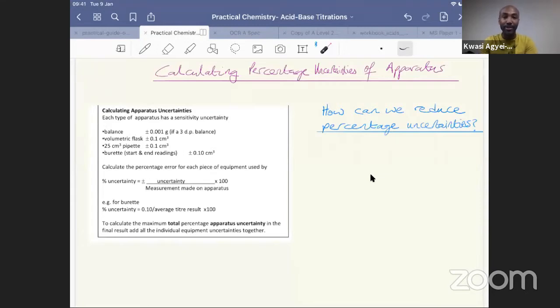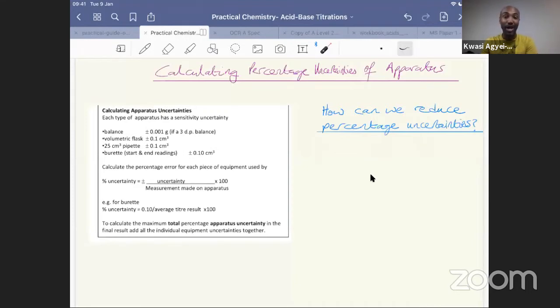So if we take a balance, for instance, if it's a 3 decimal place balance, a 3-figure balance, it can measure accurately to plus or minus 0.001 grams. If you measured 25 grams exactly, it would be 25.000 on the apparatus. But the inherent error would be plus or minus 0.001 grams. So it could be 25.001.